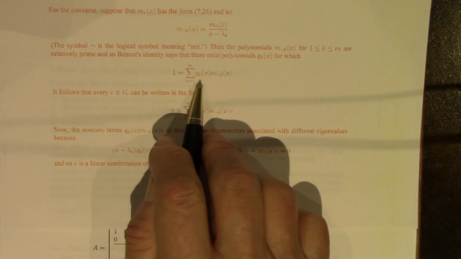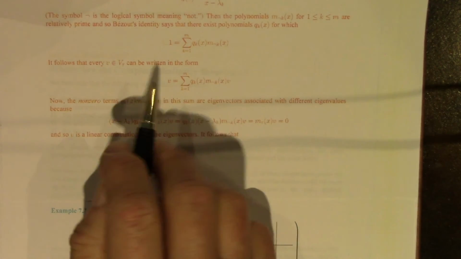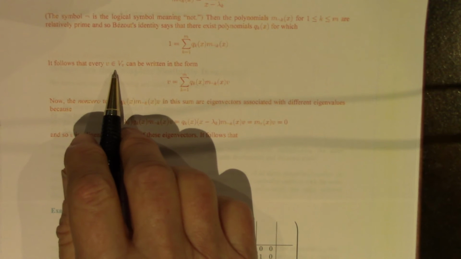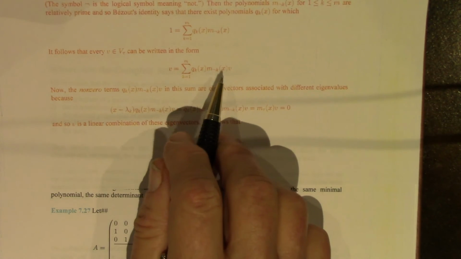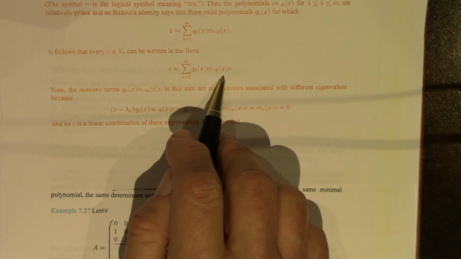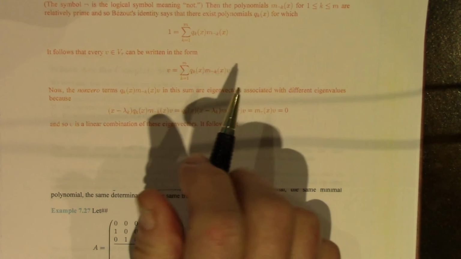There are polynomials qk of x for which this linear combination equals 1. And so every vector, little v, can be written in this form. Now some of these terms may be 0. They're not all 0 unless v is 0.